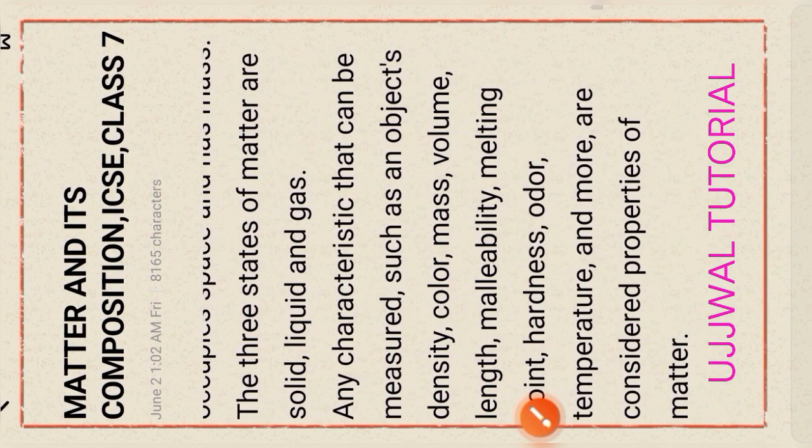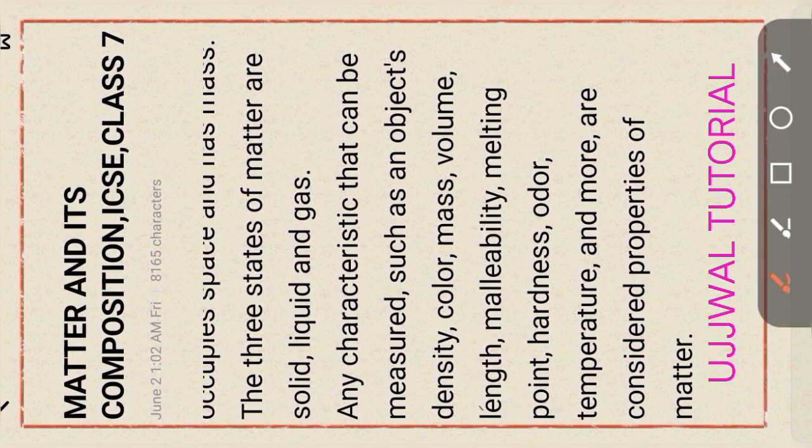Any characteristics that can be measured, such as an object's density, color, mass, volume, length, malleability, melting point, hardness, or temperature, and more, are considered properties of matter.